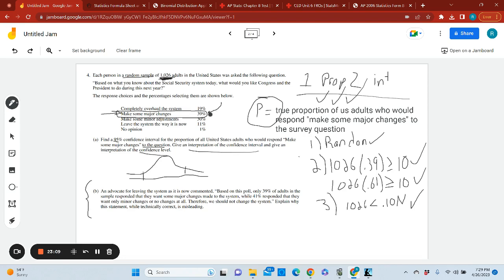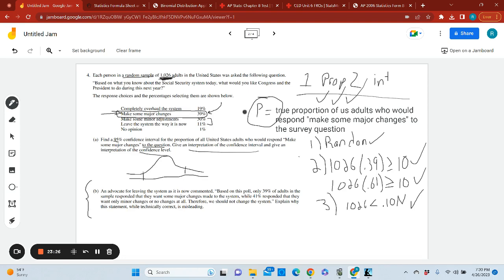So I guess they added these two probabilities together. Therefore, we should not change the system. Explain why this statement, while technically correct, is misleading.